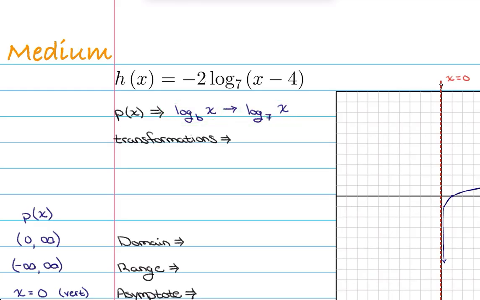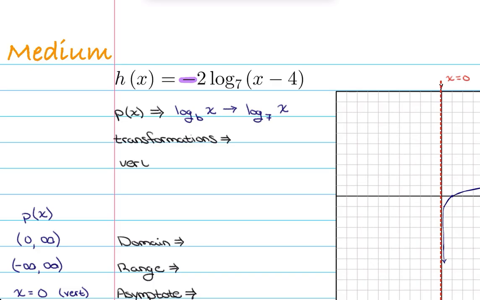Okay, so transformations, as I see them, the first one that I see is this minus sign. Remember, that is going to be a reflection. And we just have to ask, is it acting on the logarithm as a whole, or is it just acting on the x? Again, you'll usually be able to tell this by parentheses. Since it is not inside the parentheses, it is acting on the logarithm as a whole.